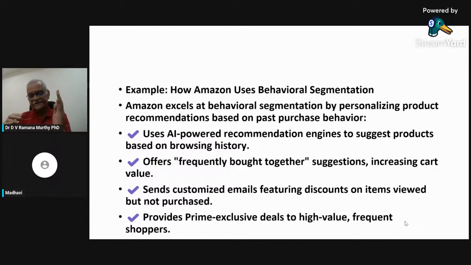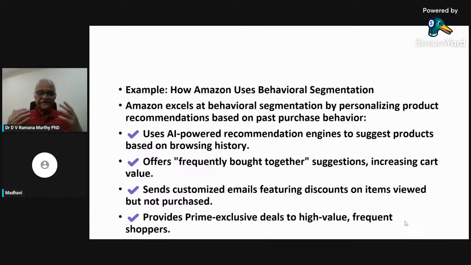So if you are buying product X, the frequently bought together products are say Y and Z. So this is actually increasing the cart value. You may be prompted to buy that product also. That's how they increase the cart value. Amazon gets benefited by that.